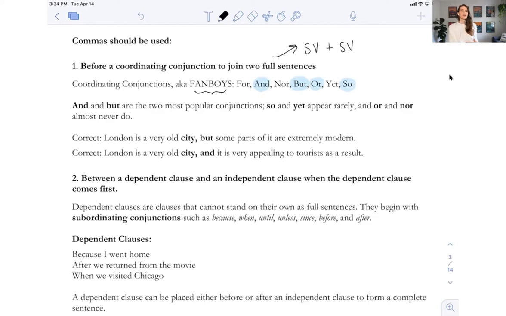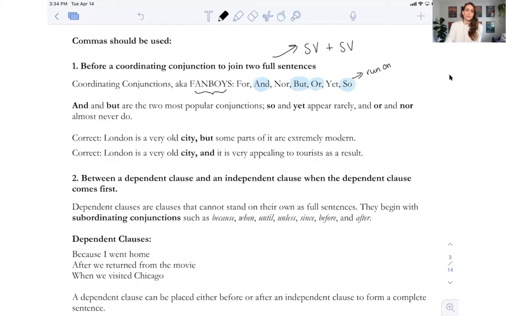Back when I was in middle school, high school, which is way over a decade ago, probably like 15 years ago, I was always told, don't use so, because so leads to run-ons. And the SAT just doesn't really agree with that. Every now and then you will see a comma so in a right answer choice.